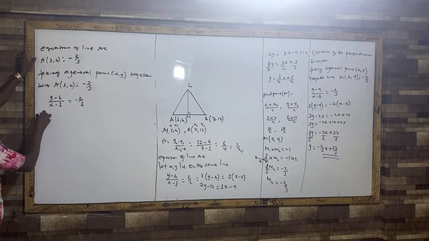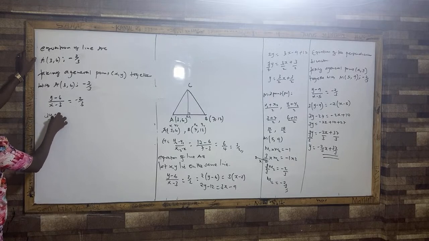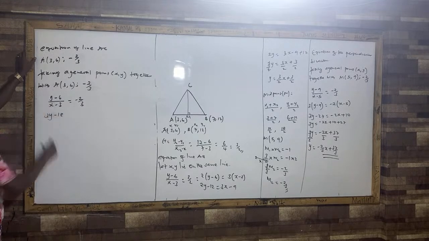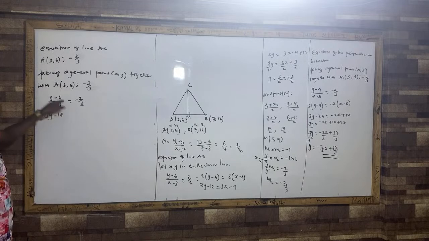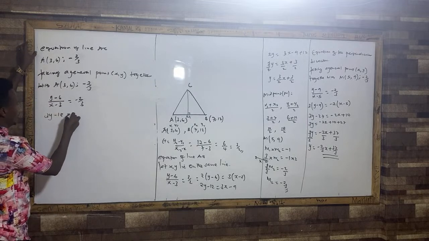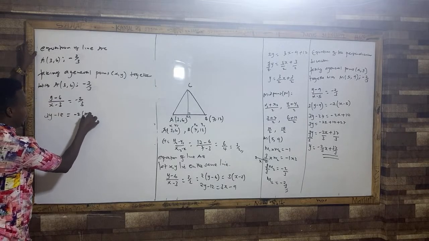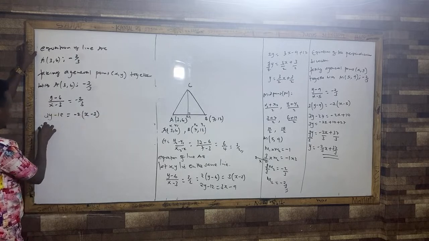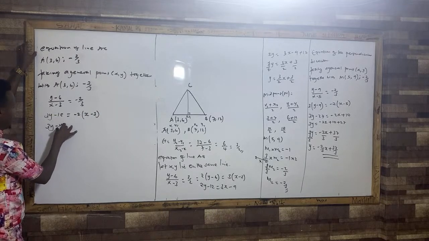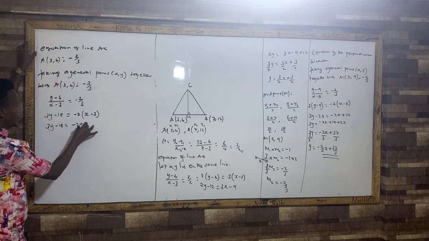Then you cross multiply. So it will be 3y minus 18, because 3 times y is 3y, minus 3 times 6 is 18, is equal to negative 2 times (x minus 3). So it will be 3y minus 18 is equal to minus 2x plus 6.